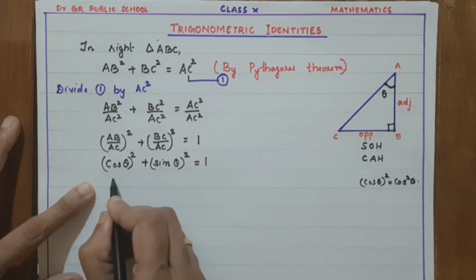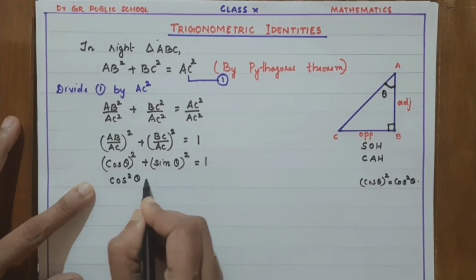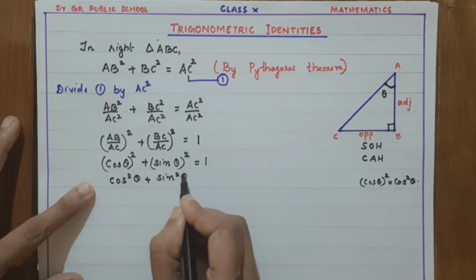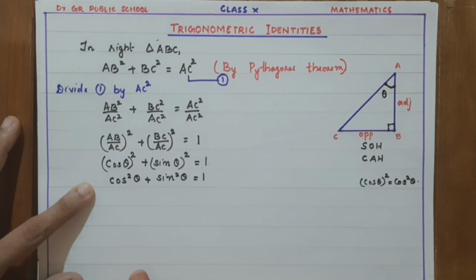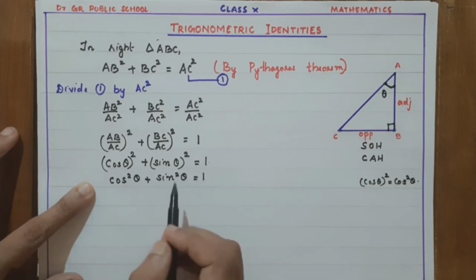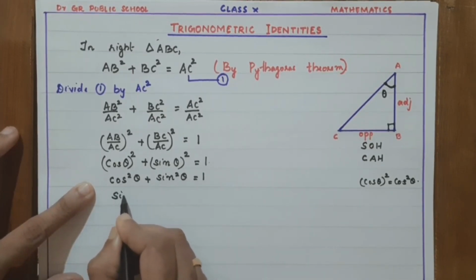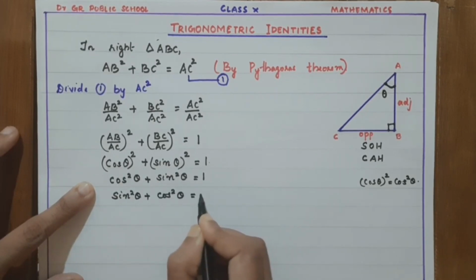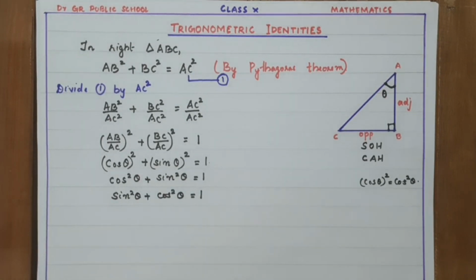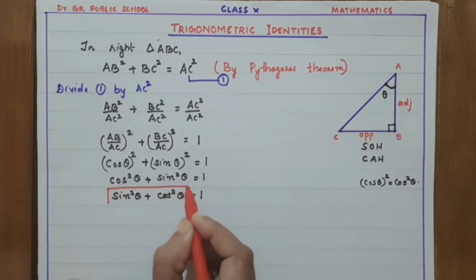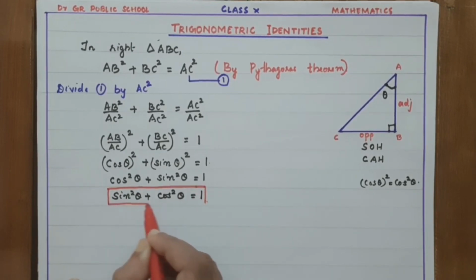So, this can be written as cos square theta plus, how can we write sin theta the whole square? Sin square theta equal to 1. So, this is the first identity. So, for remembering easily, we are rearranging the terms as sin square theta plus cos square theta equal to 1. So, this is the first trigonometric identity, sin square theta plus cos square theta equal to 1.